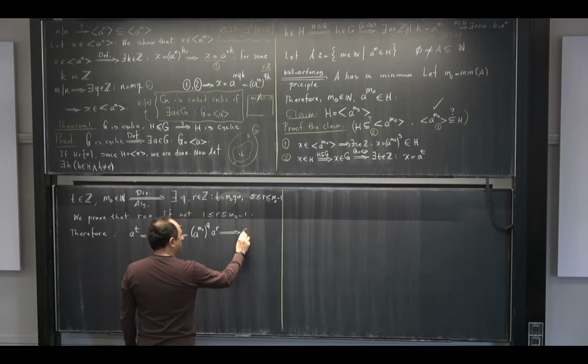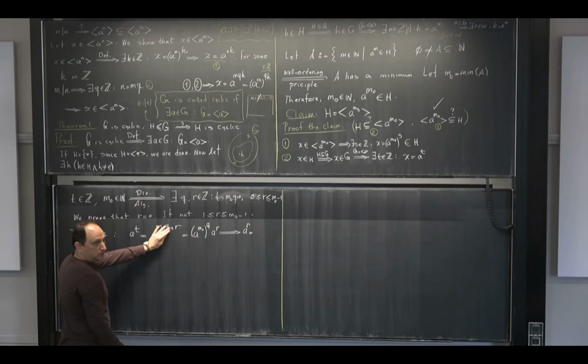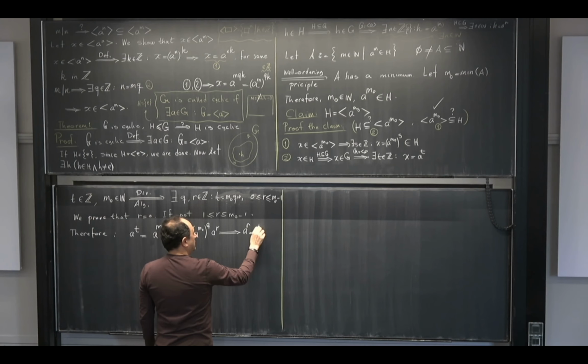Can you tell me what a to the power r is from here? Don't look inside. I want you to immediately tell me. You multiply, for example, from the left by the inverse of this guy. So a to the power r is a to the power m naught to the power minus q, times a to the power t.